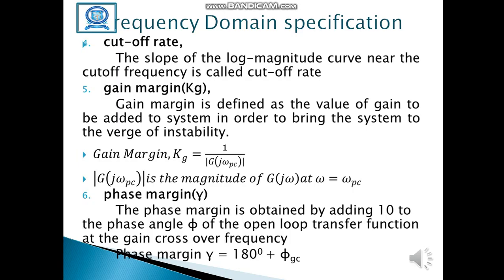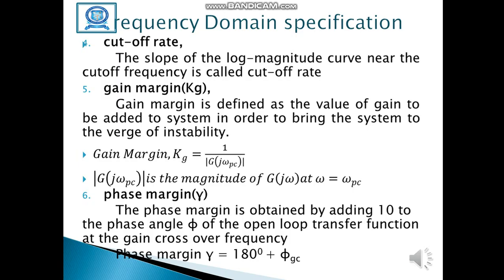Next, let us see the cutoff rate. The slope of the log magnitude curve near the cutoff frequency is called cutoff rate. Next one is the gain margin. Gain margin is defined as the value of gain to be added to the system in order to bring the system to the verge of instability.